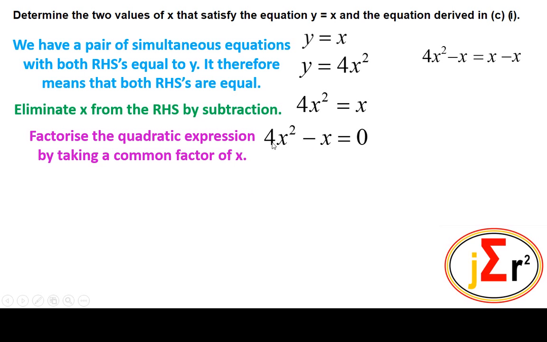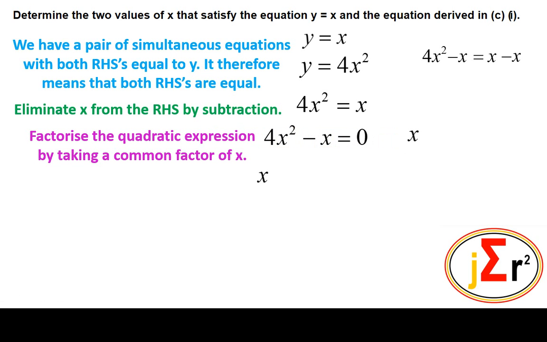Basic factorization, we have a common factor of x, and we will factorize by that common factor of x. So we are taking the common factor of x, and we are using that common factor right here. Why do we have it here? Because we are going to take a look at the finer details of factorizing this particular expression that we have.